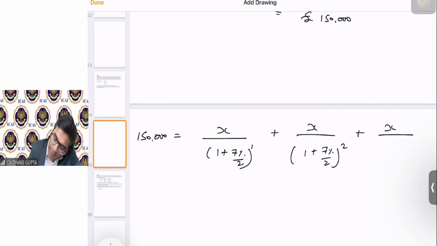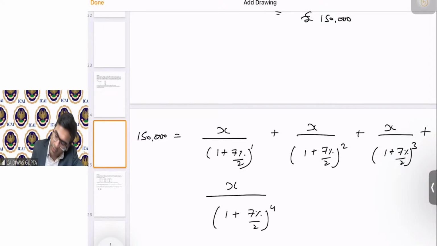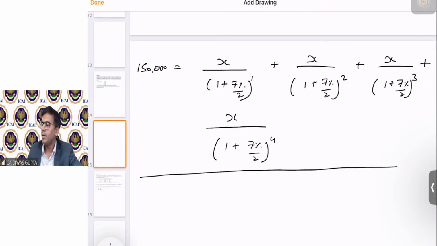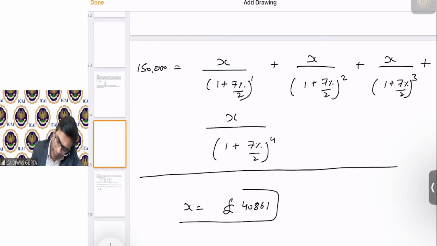For the third reset period, this will be X divided by 1 plus 7% divided by 2 raised to the power 3, plus X divided by 1 plus 7% divided by 2 raised to the power 4. If you see this and calculate the value of X, it becomes 40,861.